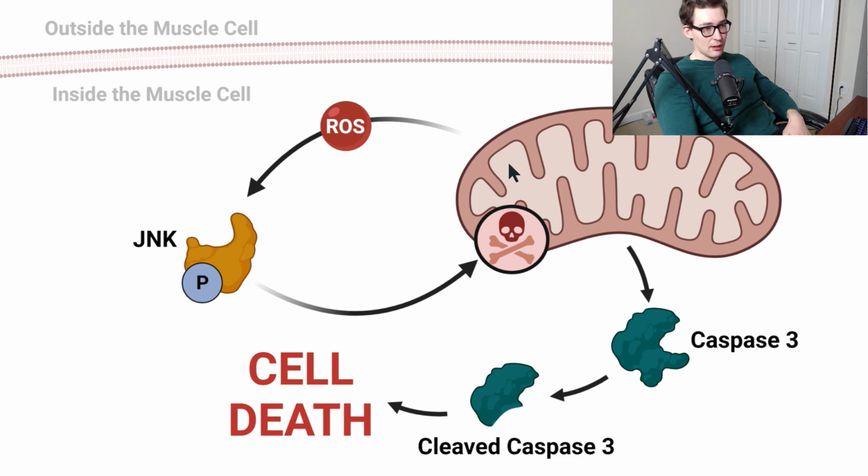So here we've got our mitochondria, and we saw that you have some production of the reactive oxygen species, right? So the ROS. If the production of ROS gets to be overabundant, then you get an indirect activation of a protein known as JNK.